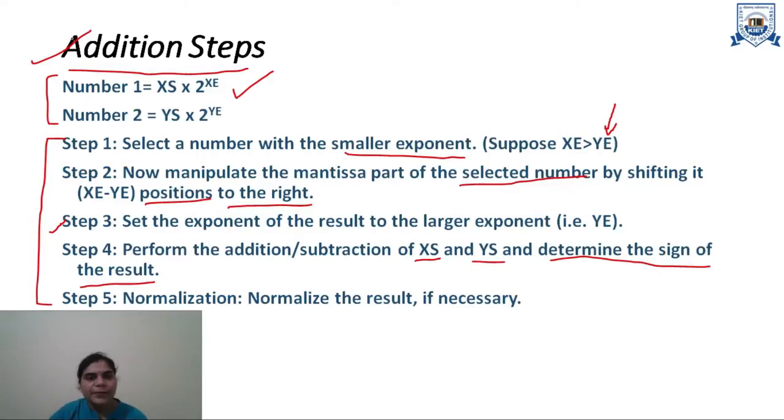So first, two numbers will be given, then we select the number with the smaller exponent. We align its significand by the difference of the larger and smaller exponents. We set the exponent of the result to the larger exponent, perform the addition or subtraction, and finally normalize the result if it is not in normalized form.